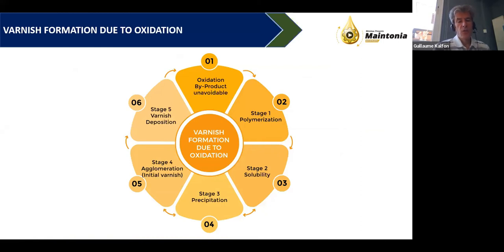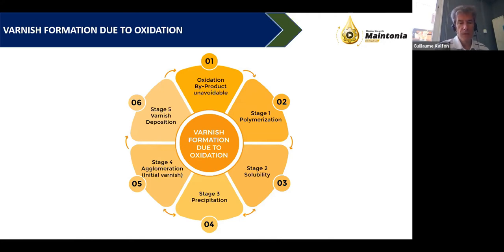This degradation of the oil does not happen in one step, but in multiple steps. You have the first stage of oxidation, which is marked as 1, which is unavoidable. Oxidation is a fact of life for everything around us. We know that iron can rust. We know that our bodies can be a victim of oxidation.